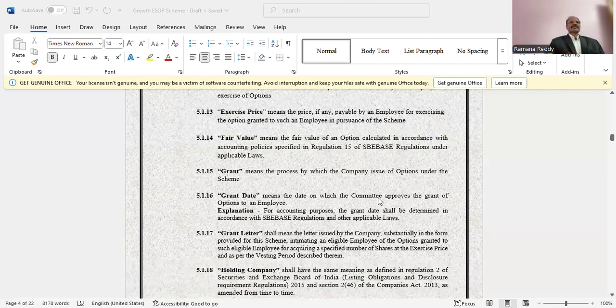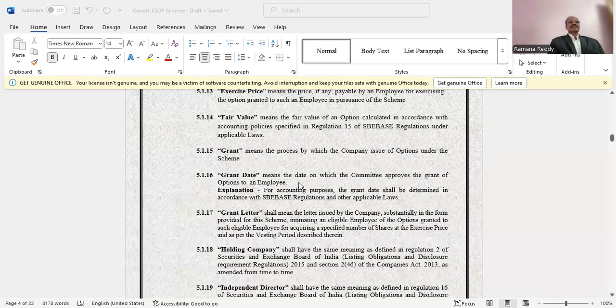Grant means the process by which the company issues options under the scheme. Grant date means the date on which the committee approves the grant of options to employees. The date is called as grant date.